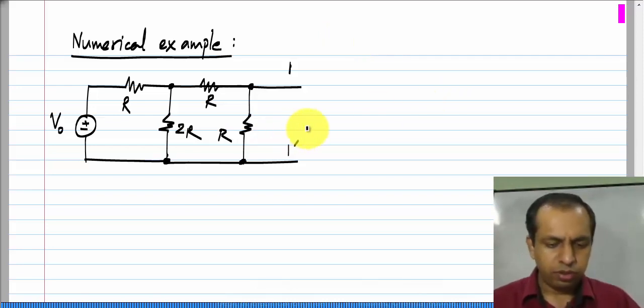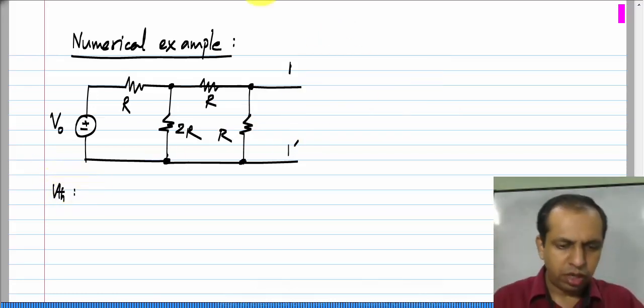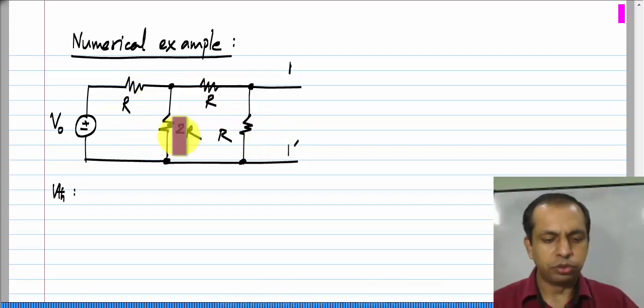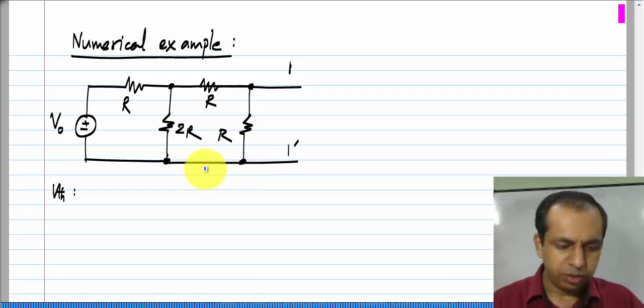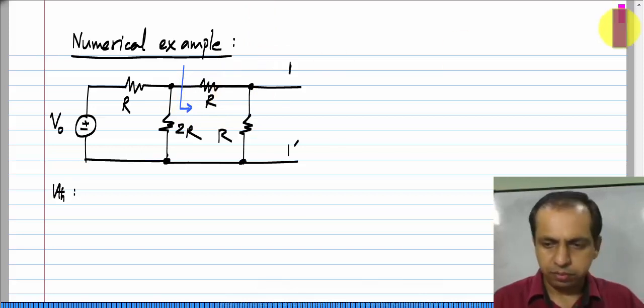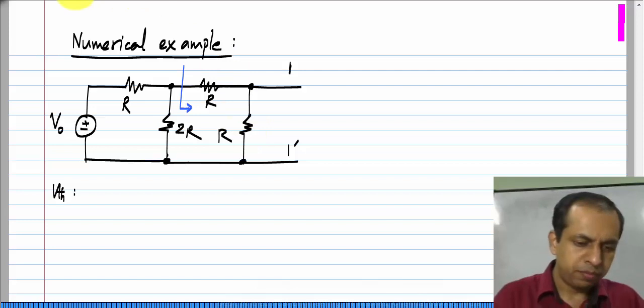So, now I have to find the Thevenin voltage, and for that all I need to do is not connect anything between 1 and 1 prime and find the voltage across it. In this particular case, I have chosen the values so that it is very easy for me to calculate, okay, because looking here I have a series combination of R and R, which gives me 2R.